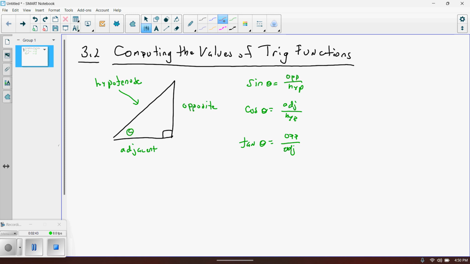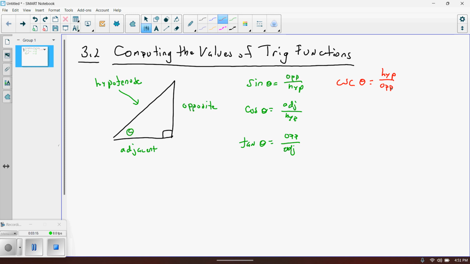There are three reciprocal functions, which I'm going to go ahead and list out here. You have the reciprocal, which basically means that you're going to flip over the fraction of sine, which is called the cosecant. Let me write that so it looks better. Cosecant, which is CSC as an abbreviation. And that is literally going to be flip over the ratio. So that would be the hypotenuse divided by the opposite.